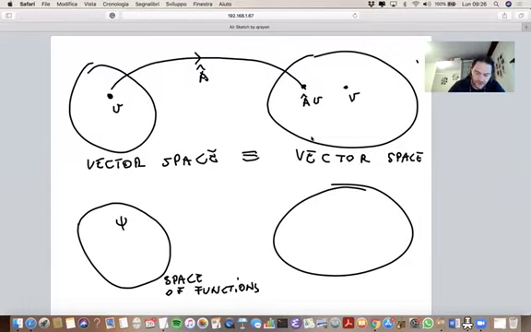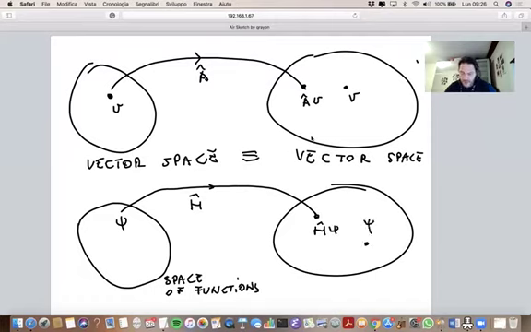So you take a function psi, you act on it with the Hamiltonian operator, and you get a new function that you call H psi. And it's not the original function psi. It's just a different one. And this new function is generated by the previous one through this transformation, which happens to be linear.